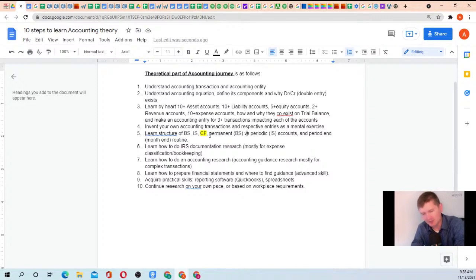We also discussed that income statement accounts are of periodic nature. You usually work in the income statement accounts for one month and then you close that month, and all that income is flushed to retained earnings. If you remember, we did some drawings of T accounts to cover that.